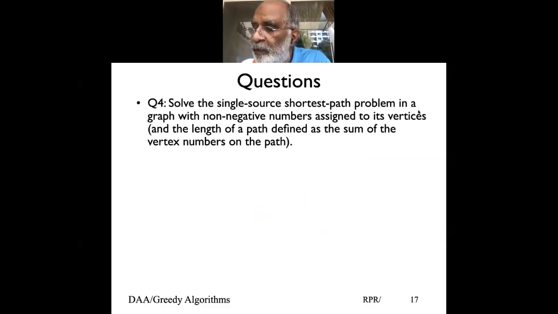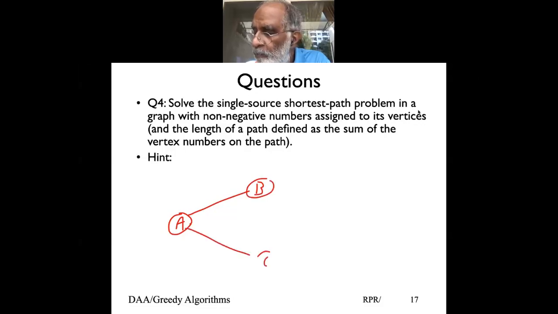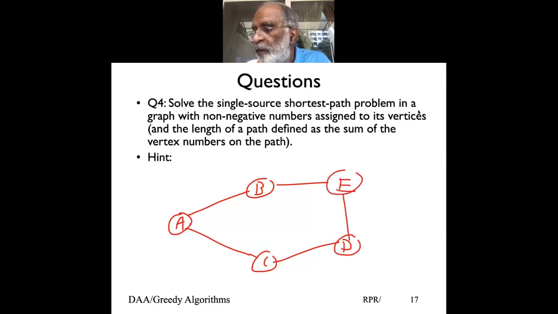Let's say we solve the single source shortest path in a graph with non-negative numbers. Rather than giving the cost of an edge, let's say you are given the cost of visiting a node. So assuming a graph, rather than giving the cost of each edge, we say once you visit a node, there's a cost you pay.